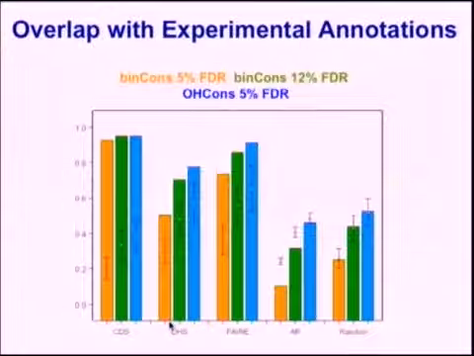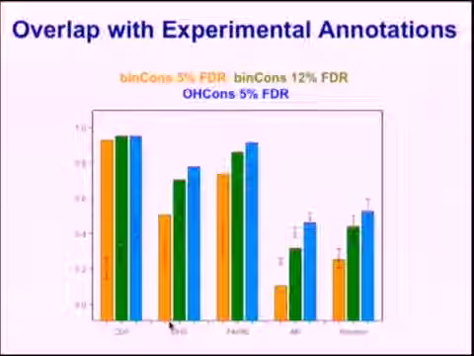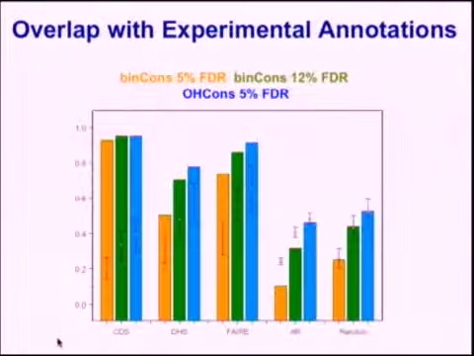So this is now a graph showing various non-coding and coding annotations using 3 different methods. We use this binomial-based conservation program, which has been the hallmark of what's been used in the past.